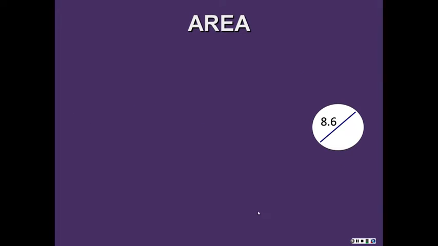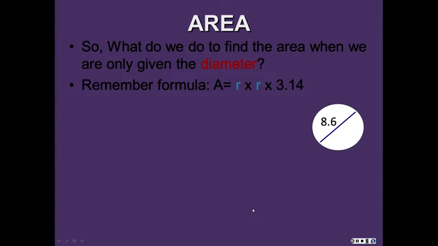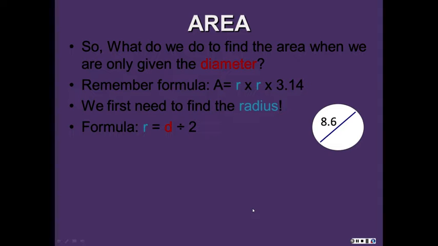All right, now what's given to you on this problem? The diameter. Now, how do I get the radius when I have a diameter? Divided by 2. So 8.6 divided by 2 has to be done first, and then I can stick it in the formula. So 8.6 divided by 2 gives me 4.3. So my formula will be 4.3 times 4.3, this builds my square, times pi.